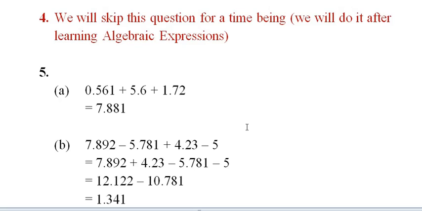So this 7.892 is a positive number, and 4.23 is also a positive number. But the numbers 5.781 and 5 are negative numbers. So you make a group of them. You add these two numbers, and again you add these two numbers out here. Let me just show you out here.